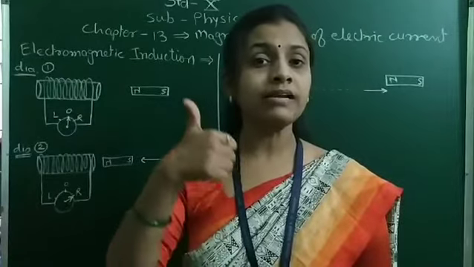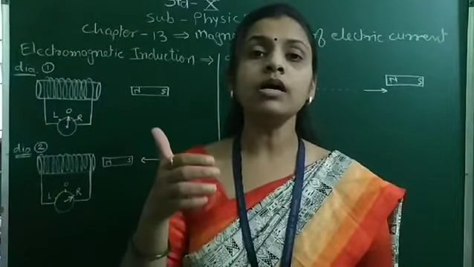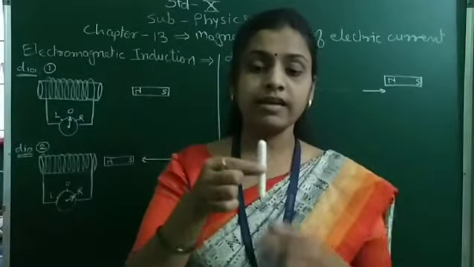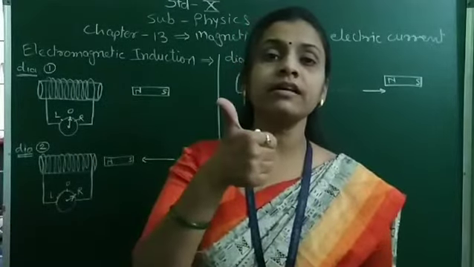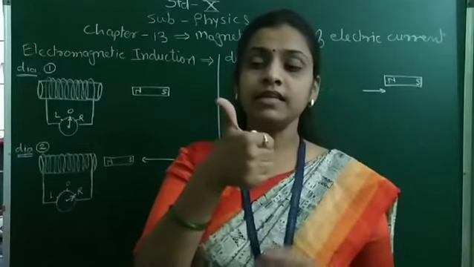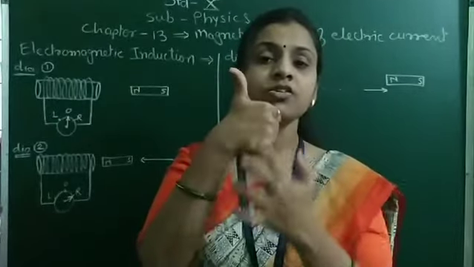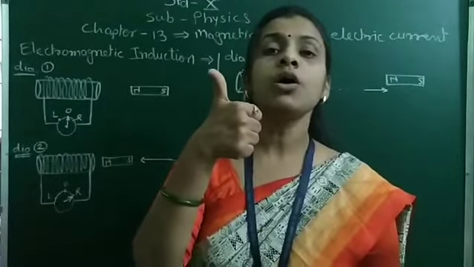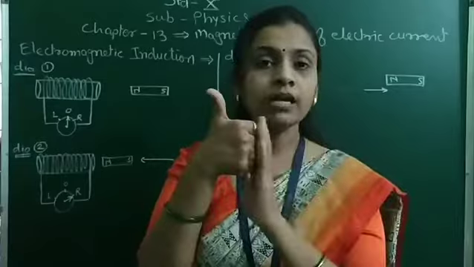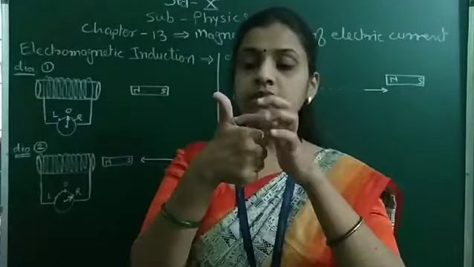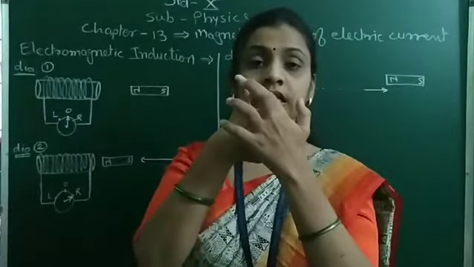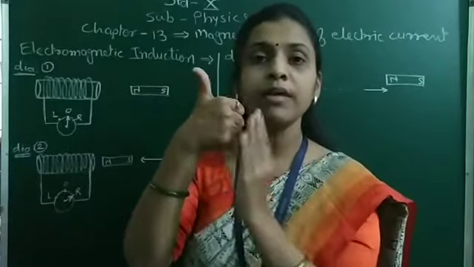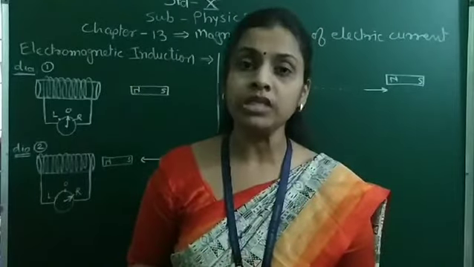If we hold a straight current carrying conductor in the right hand, then the thumb represents the direction of electric current and the wrapped fingers indicate the direction of the magnetic field. Both are perpendicular to each other. So electric current and magnetic field are perpendicular to each other.